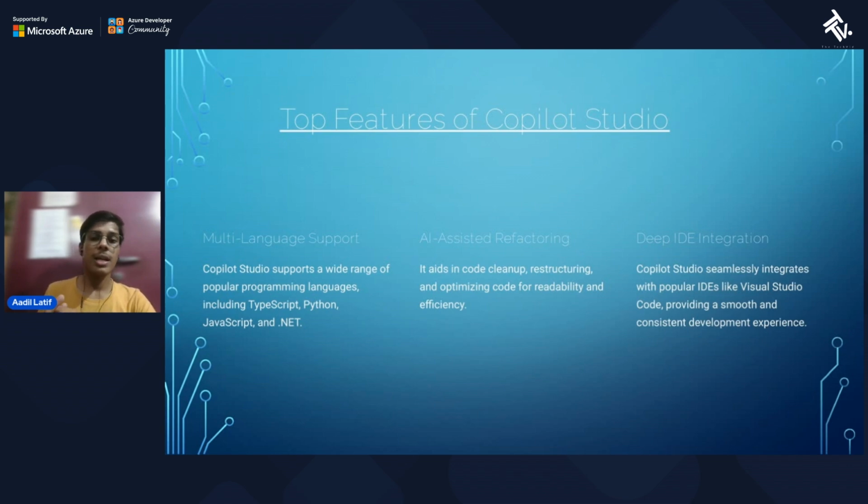So basically, it allows developers to access its features directly within their coding environment. If I am using VS Code, then Copilot Studio will integrate into VS Code, and VS Code also has the capability to integrate Copilot Studio.